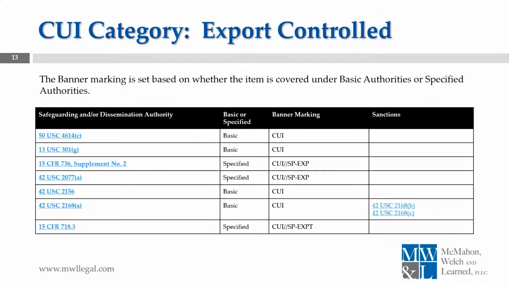The difference between (b) and (c) is that (b) relates to civil penalties up to $100,000 per violation. And by the way, that's per violation. And (c) deals with criminal violations, and the agency that puts out the authority can designate what those criminal violations can result in.